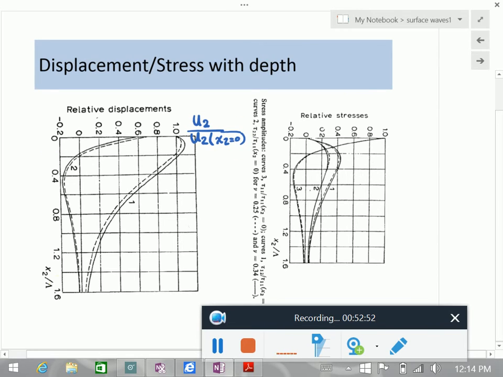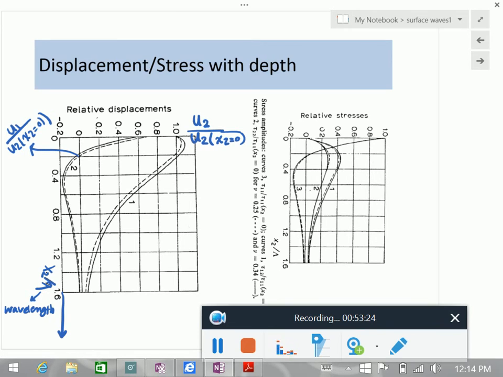So the y-axis is x2 over lambda, where lambda is the wavelength. And curve number 2, as you may guess, is u1 over u2. It's the displacement which is parallel to the propagation. And you know that they are 90 degrees out of phase.